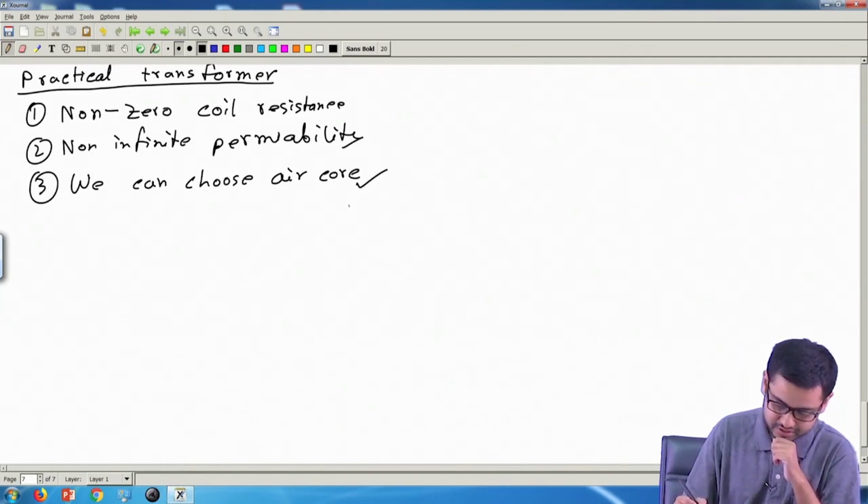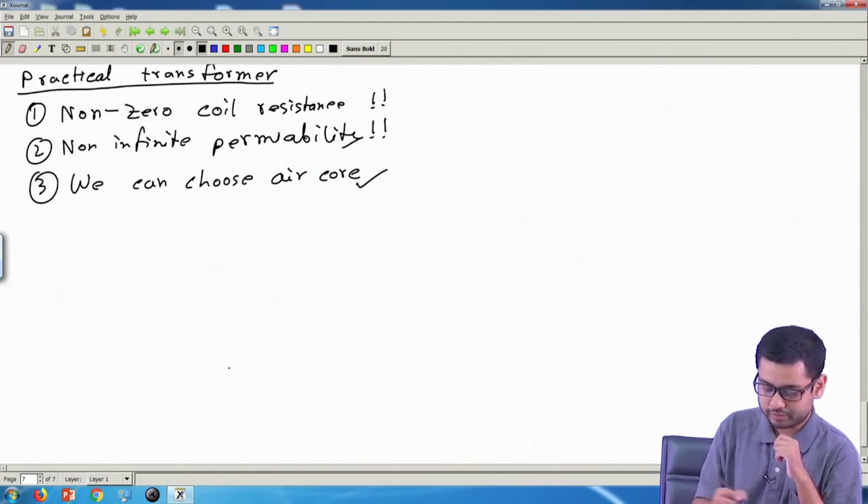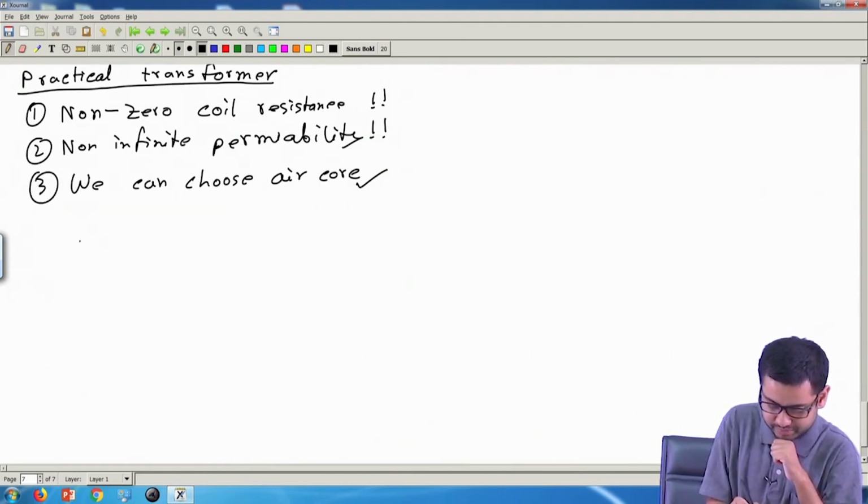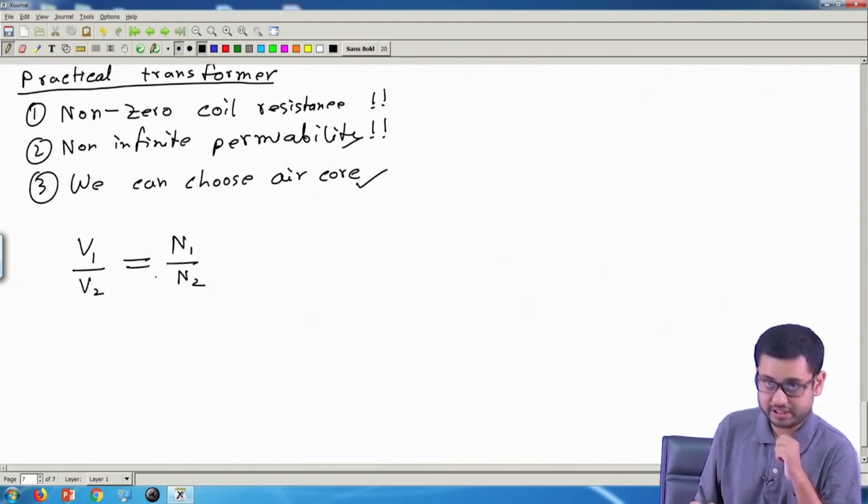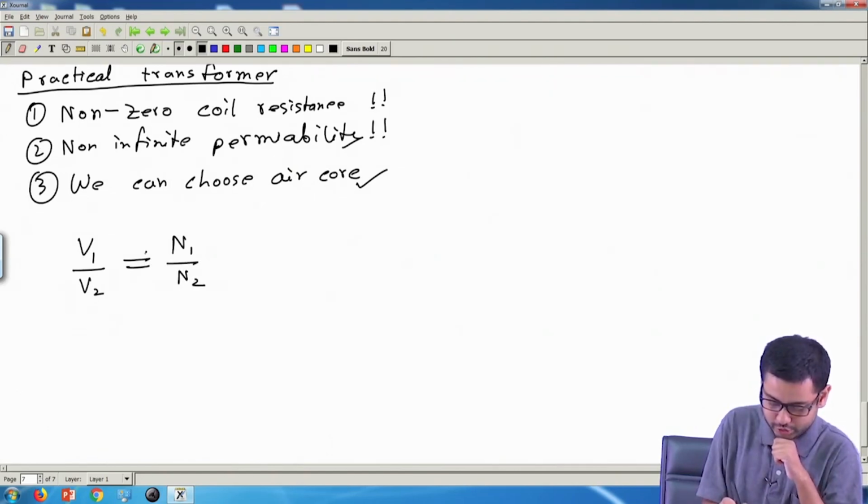This is fine. This is sad. Non-zero resistance is sad. Non-infinite permeability is sad. So therefore, the relationship between V1 by V2 and N1 by N2 is not going to be true. It will be not equal, strictly not equal.